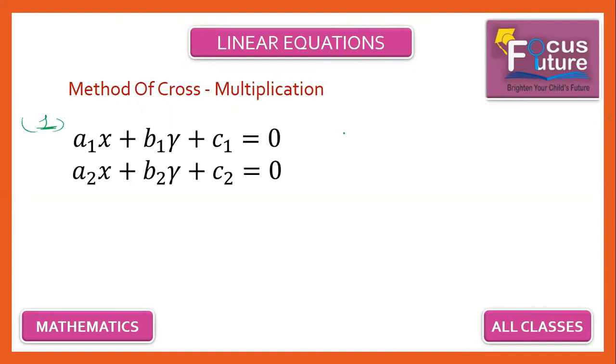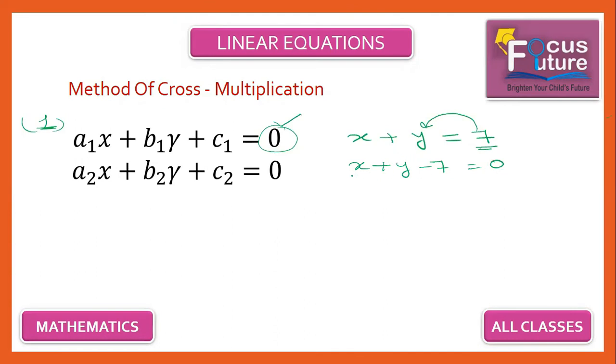If I write x plus y is equal to 7, this is my equation. Your rule says your equation should be of this form, that means on the right hand side you should have 0. So to get 0 on the right hand side, you take 7 to the left hand side. So this would be x plus y minus 7 is equal to 0.